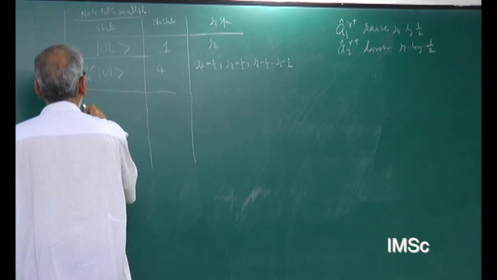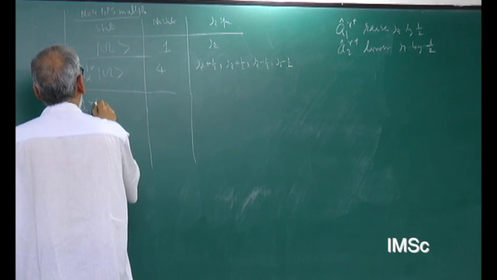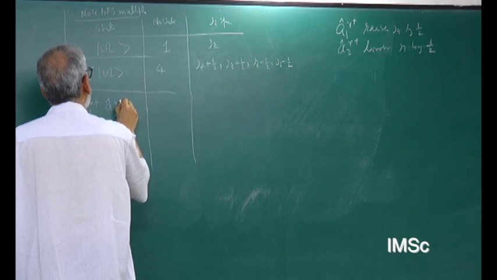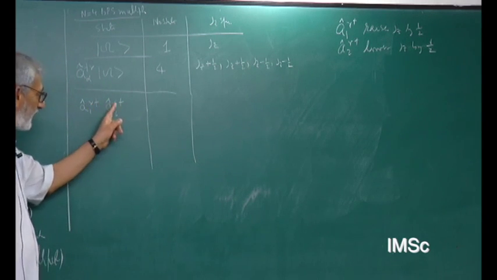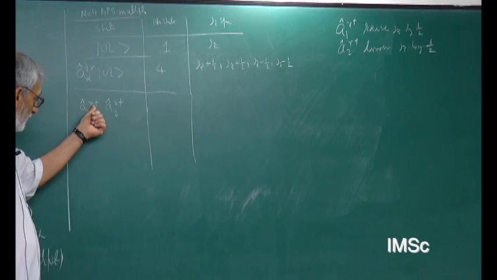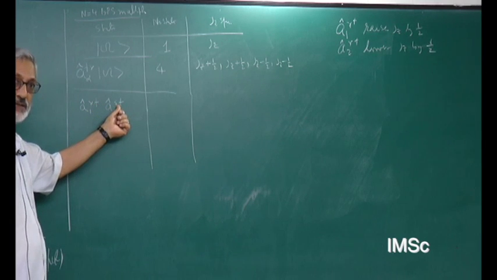Now let me apply two of them. A1 hat R dagger, A2 S dagger. This is 1 and 2. R and S can take two values here, two values here.